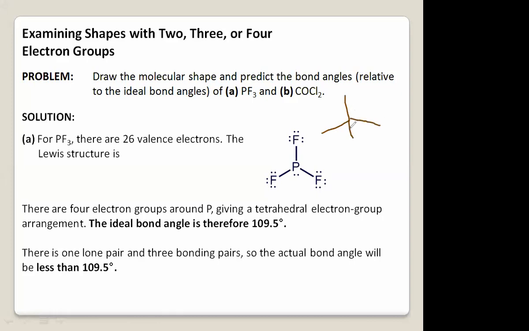It's supposed to be tetrahedral, but you now have a lone pair here, and this lone pair is now repelling these other bonds to give you what you have in this case. So the angle is less than 109.5 degrees because of the repulsion of this lone pair that you have here.